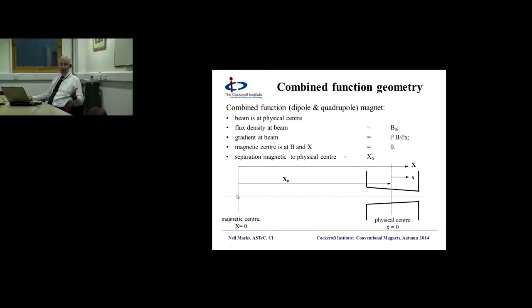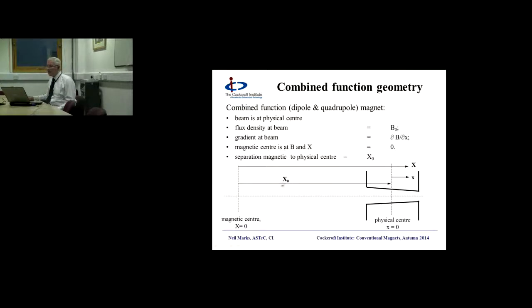If there was steel at this point, the magnetic centre would be here, and therefore this is just a segment of a quadrupole that we've cut out at large x. And here's the definition of X and X naught and little x, and we're going to shift the origin to this point here where we're going to have little x as our independent variable, and that's where little x equals 0.